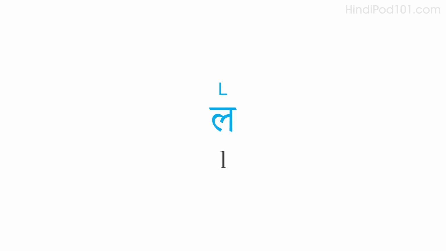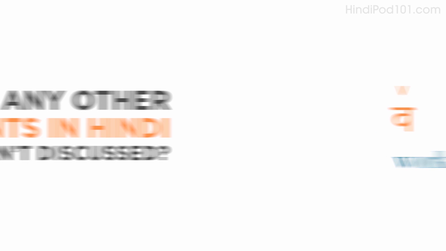L is the same as the sound of the letter L in lamb. M is the same as the sound of the letter M in marsh. V is the same as the sound of the letter W in work.